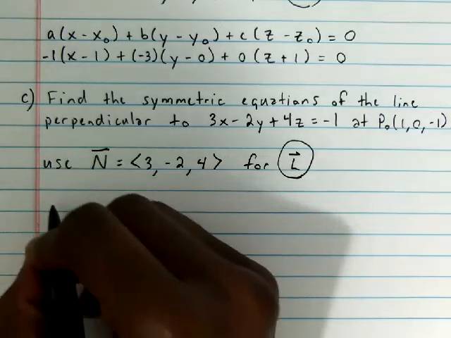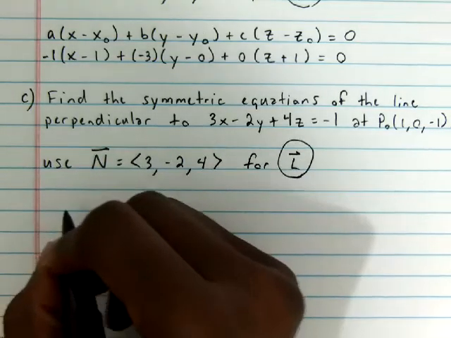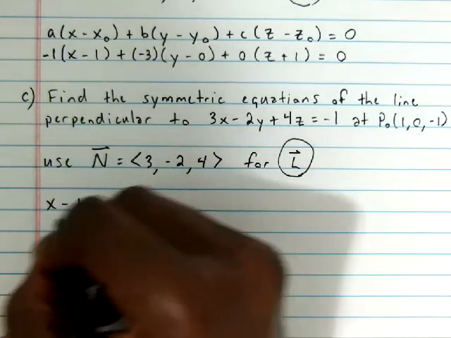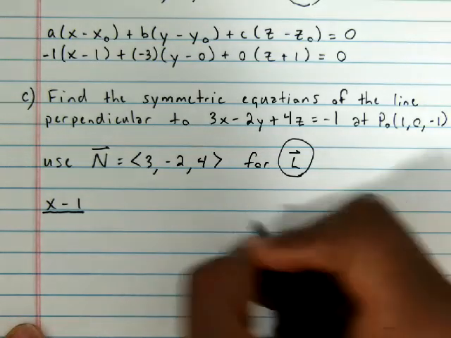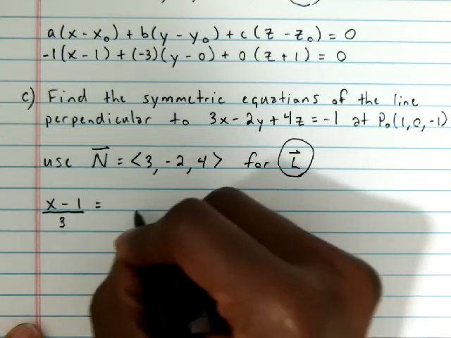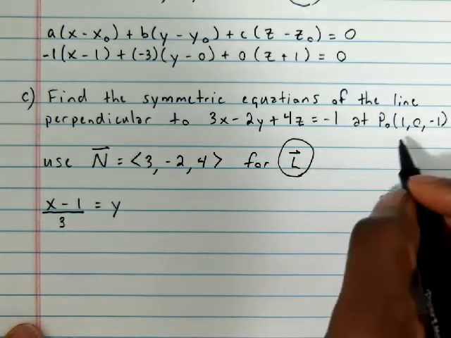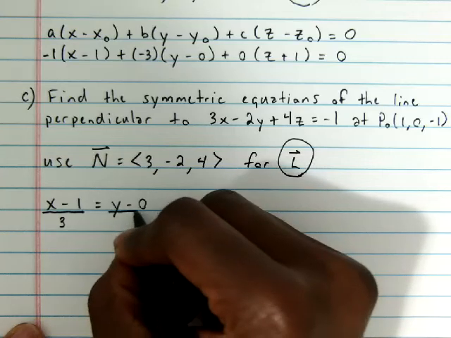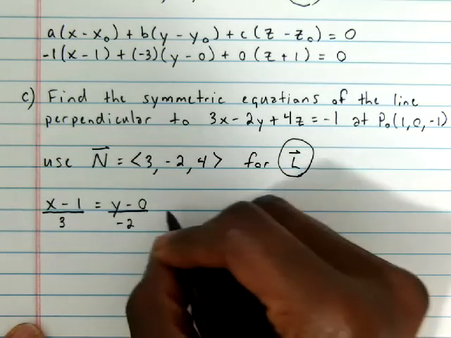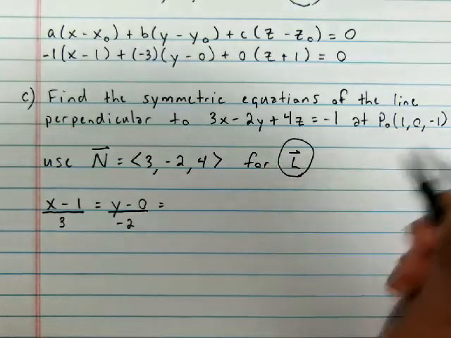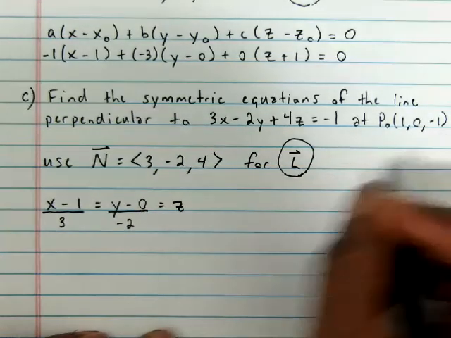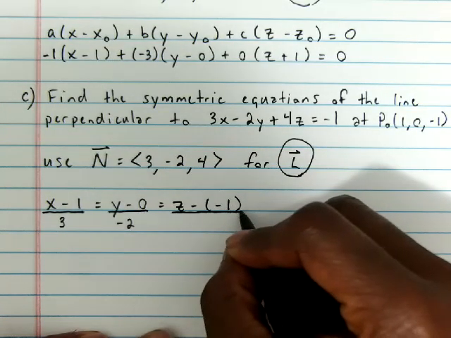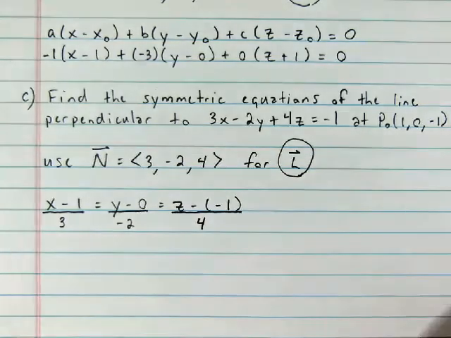So symmetric equations are x minus our x naught, which is 1, over our a, which is 3, equals y minus y naught, which is 0, over our b, which is -2, and then equals z minus z naught, which is -1, over our c, which is 4. And you can leave it just like that.